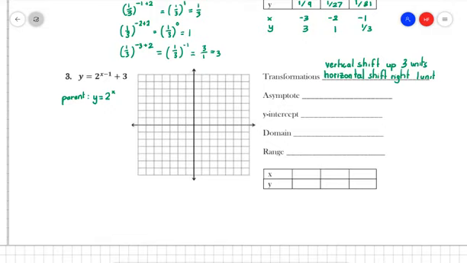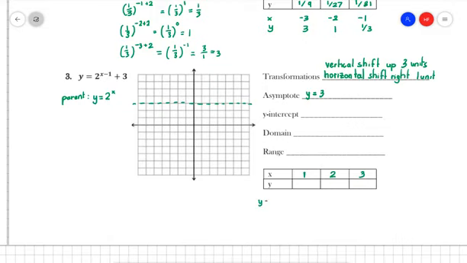My asymptote is going to be y equals whatever that last value is, so 3. So I'm going to go ahead and graph the asymptote. So to find my values, I'm going to plug in my x's.